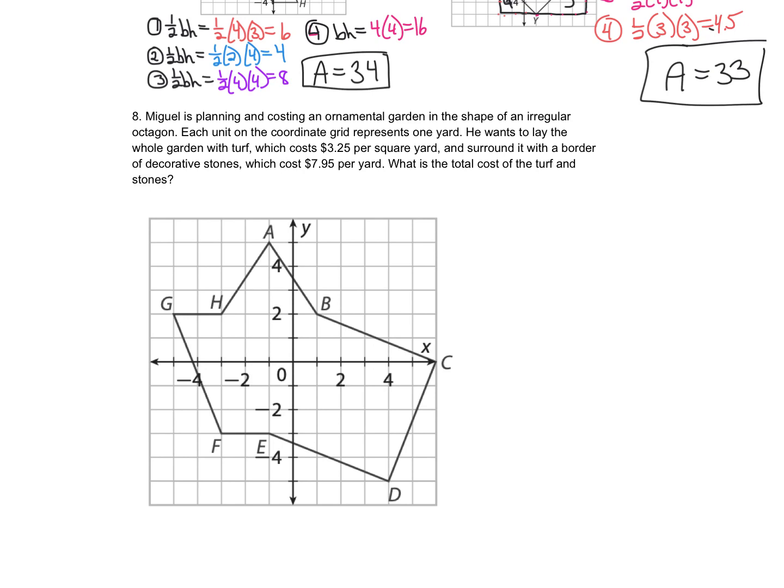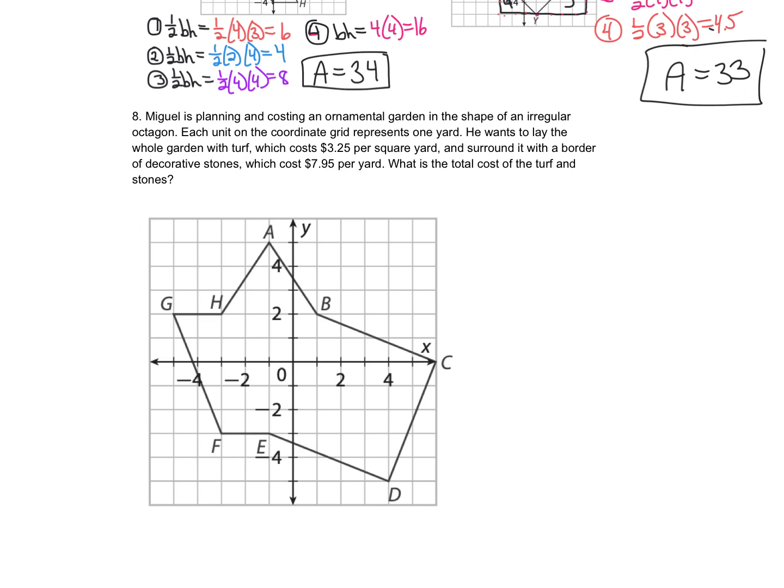All right, so Miguel's planning on costing an ornamental garden in the shape of an irregular octagon. Each unit on the coordinate grid represents 1 yard. He wants to lay the whole garden with turf, which costs $3.25 per square yard, and surround it with a border of decorative stones, which costs $7.95 per yard.